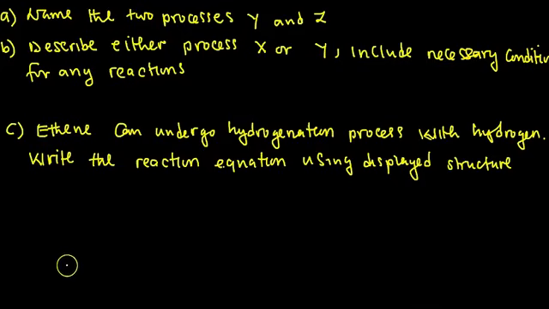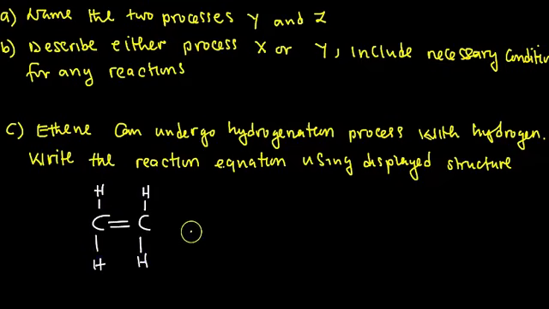So the other question here, that is question C. Ethene can undergo a hydrogenation process with hydrogen. Write the reaction equation using displayed structure. So we are writing the displayed structure of the hydrogenation of ethene. We start with ethene, presented like this, and bear in mind this is the smallest alkene.